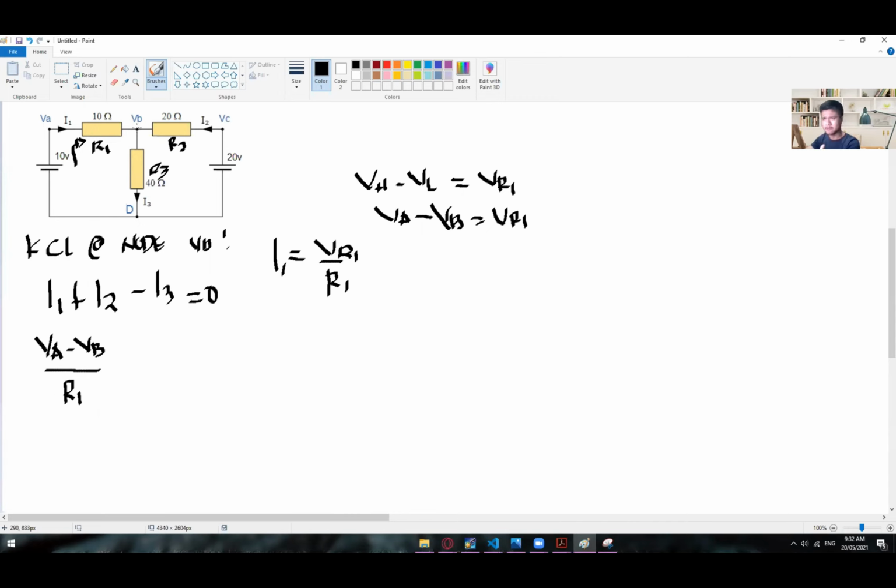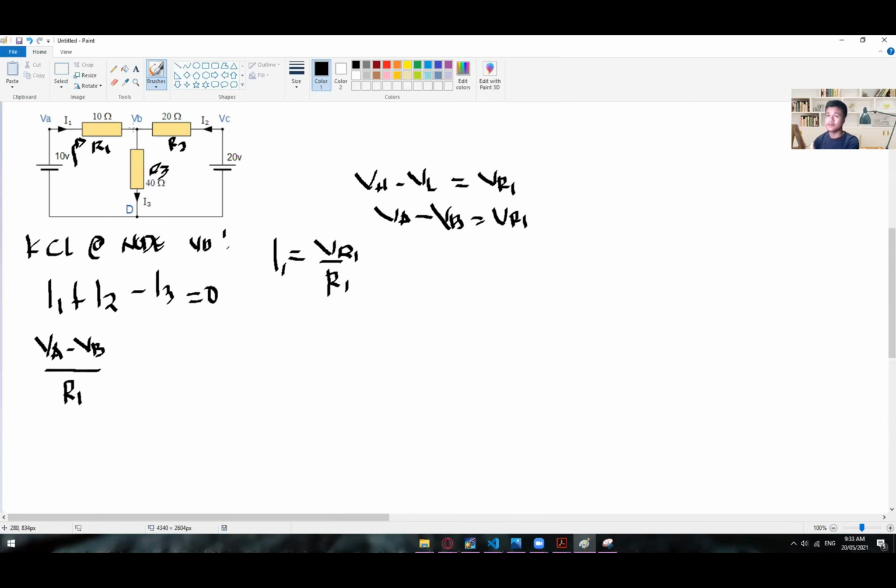Now again, how did we know that the higher voltage is VA and not VB? Because if you take a look at this one, assuming that we have 10 volts in here, we already know that VA has 10 volts, and as soon as it passes through this resistor, of course it will give us a voltage drop with a value we don't know yet.